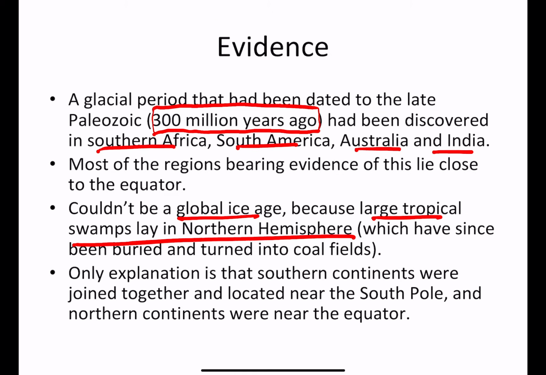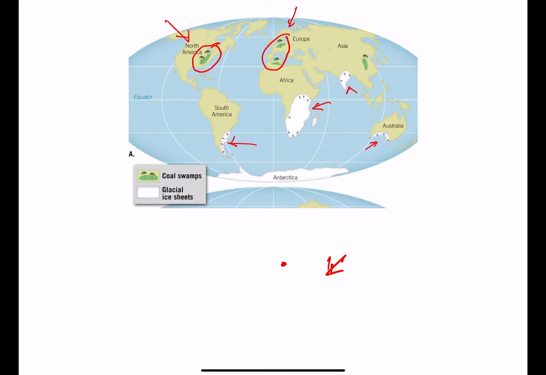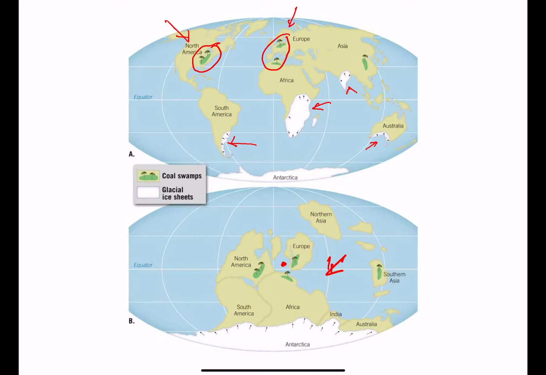Okay, all right. So hopefully this point is clear that 300 million years ago there were certain regions, which are now close to the equator, that seem to have been completely covered in ice, and it's very hard to explain that unless you assume that they were all parts of the supercontinent Pangaea, and these regions happen to be close to the south pole, and that is why they were all covered in ice 300 million years ago.